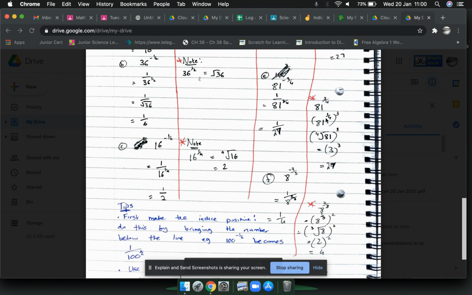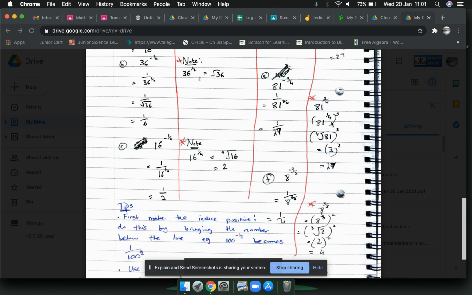So let's change it to 81 to the power of a quarter, and I'm putting a cubed outside the bracket, because 3 multiplied by 1 is 3, and that'll give us 3 over 4 again. So 81 to the power of a quarter to the power of 3 has the same meaning as 81 to the power of 3 quarters.